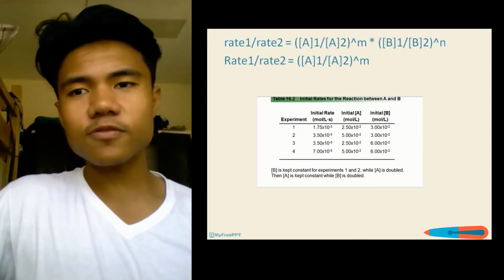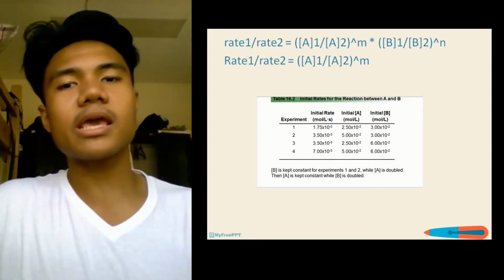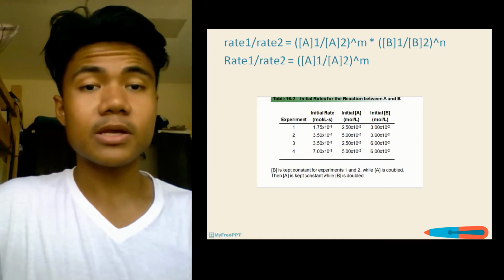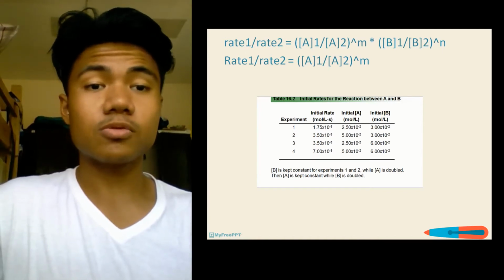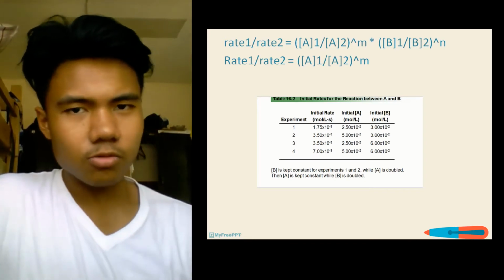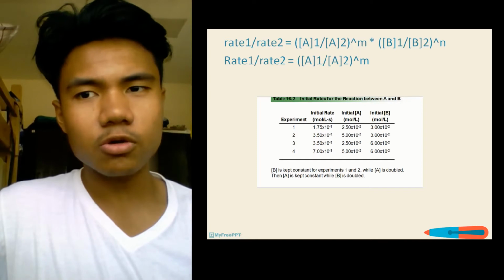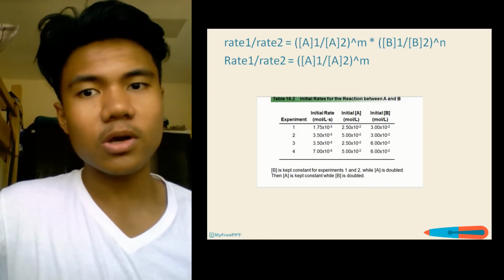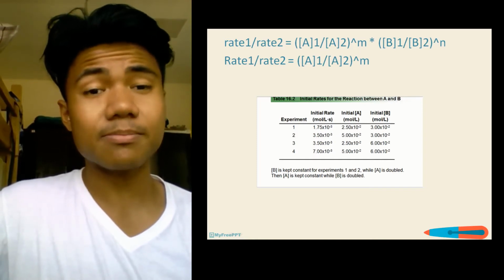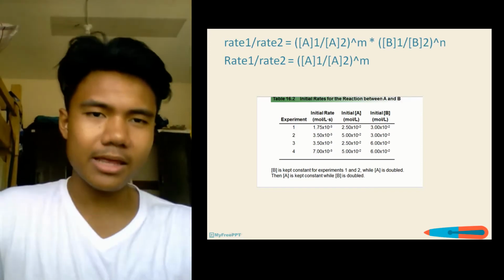So combining both of them, we can simplify it to rate 1 over rate 2 is equal to A1 over A2 raised to m times B1 over B2 raised to n, as seen here. Now the problem is, there are two unknown variables, m and n. We already know the rates as shown here, and we already know the concentrations of A and B as shown here. So what we really don't know is m and n.